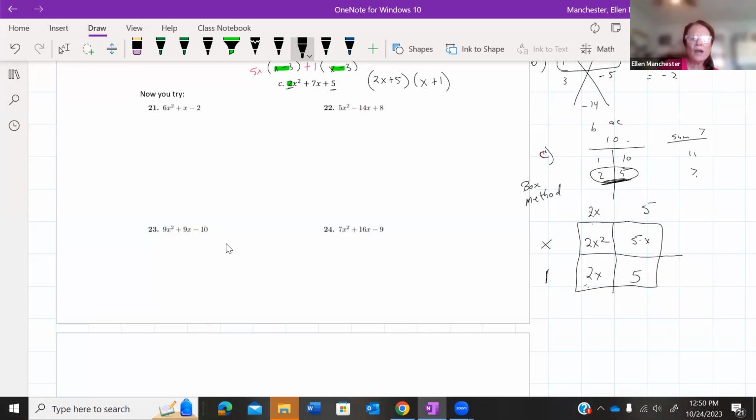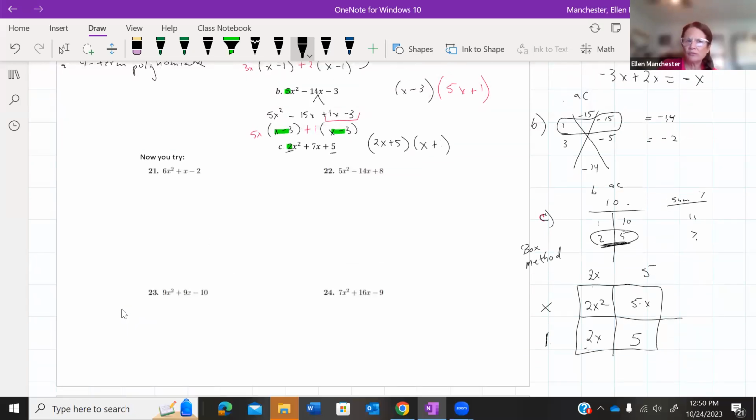Okay, so we're going to try. These are always the hardest ones. Again, you guys pick a technique that works for you and practice, practice, practice using that technique. If you make mistakes on it, try the other technique, and maybe the other technique will make more sense to you.